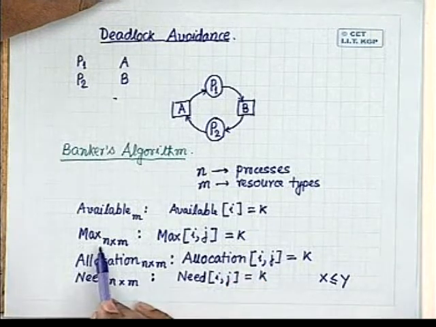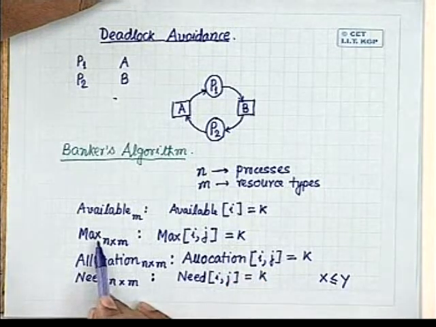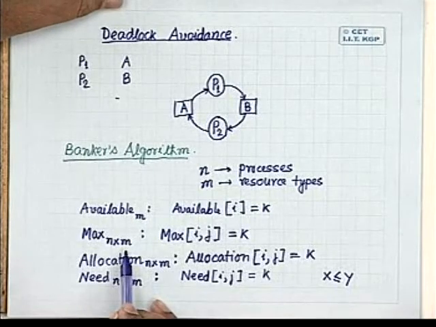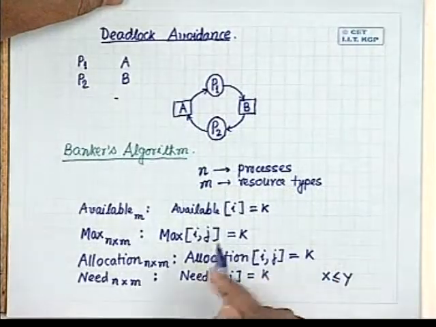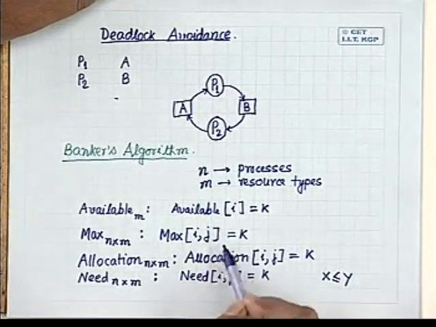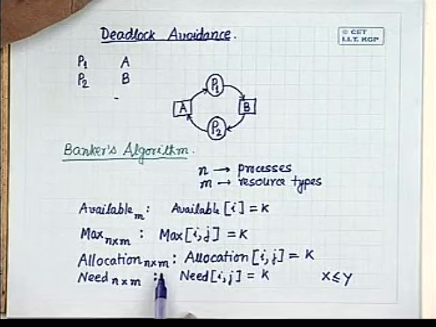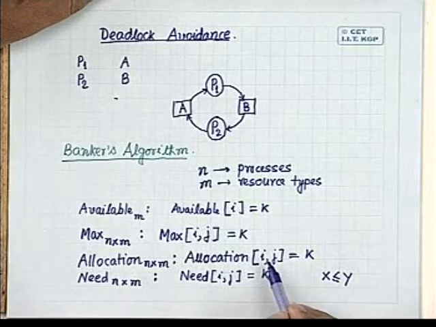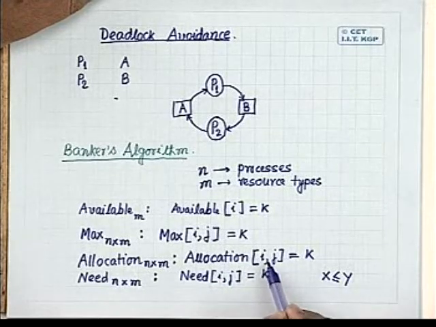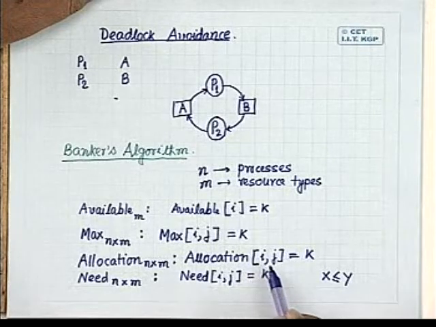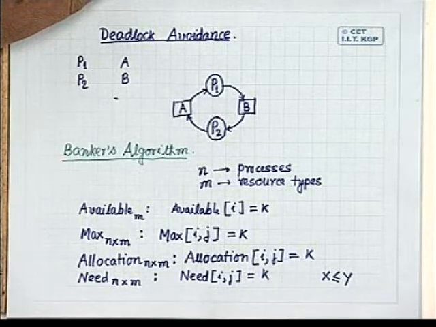Similarly, we have another data structure, a matrix Max of dimension n by m, which says what is the maximum requirement of the number of instances of a resource type for a particular process. Similarly, Allocation is another matrix of the same dimension n by m, which says how many instances of which resource type are allocated to which process at a particular instant of time.